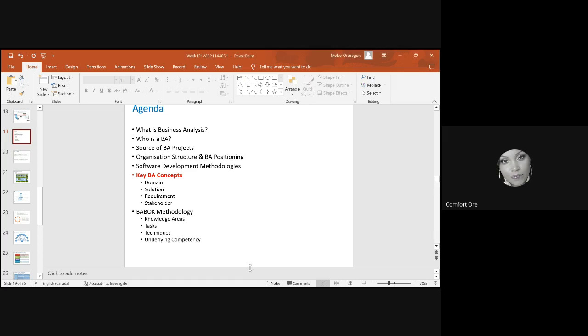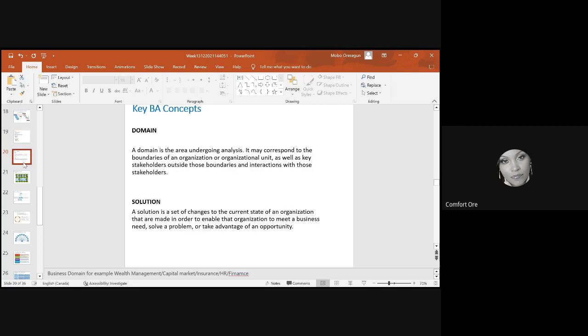All right, so we're going into the BA concepts. Like I said, they're majorly four: the domain, the solution, the requirement, and the stakeholder. Now, the domain is the area undergoing analysis, so it will be where your problem statement is emanating from.